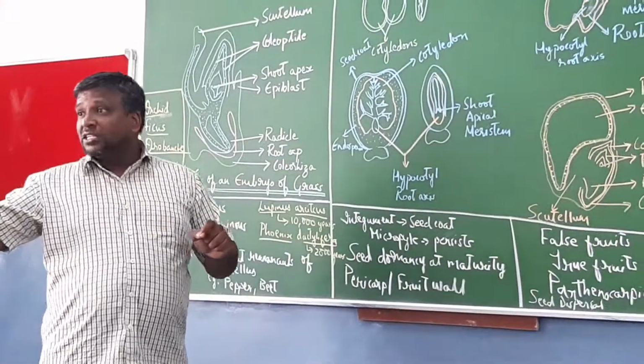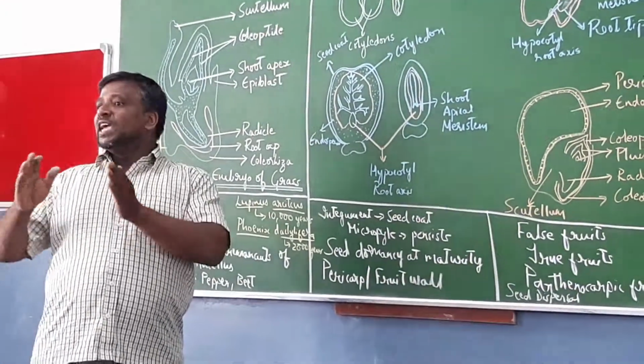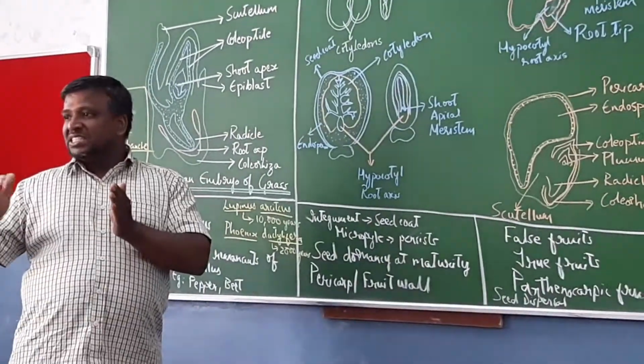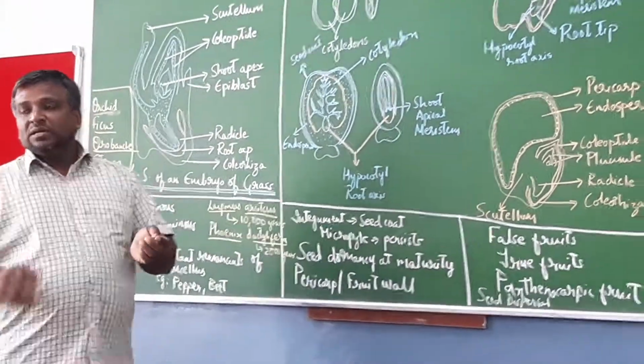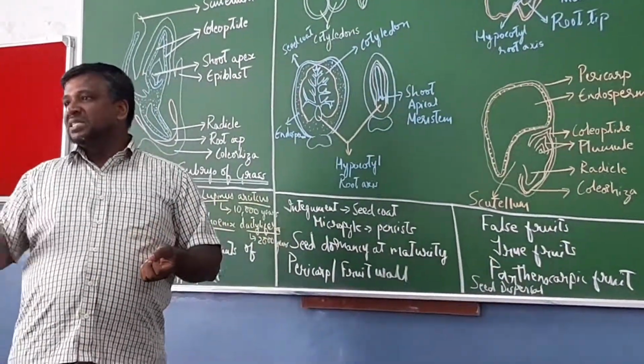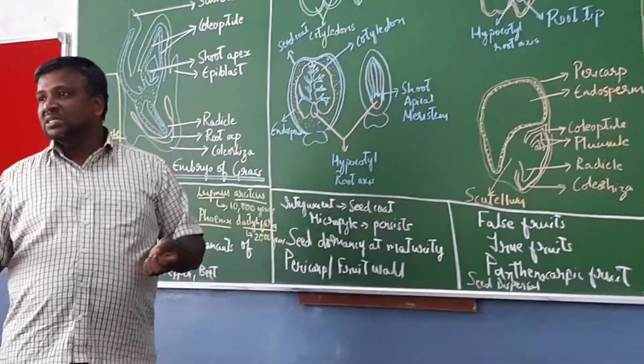So the micropyle is present even in the seed. The integuments form the testa and tegmen, that is the seed coat. Okay. So the cotyledons are there which provide food for the developing seed. You have to understand this.